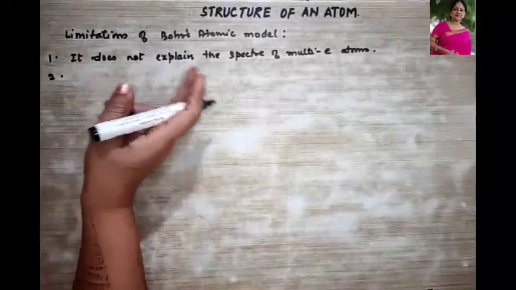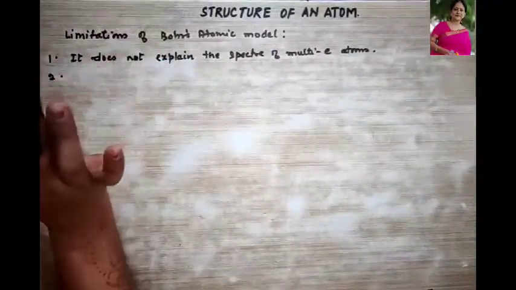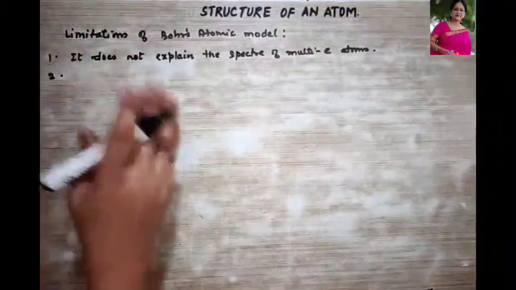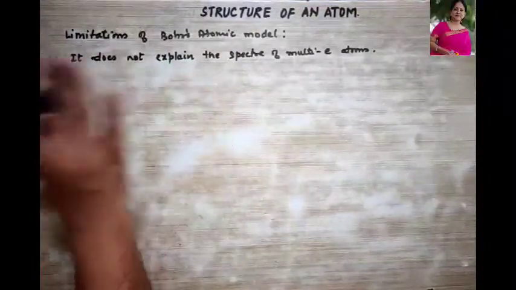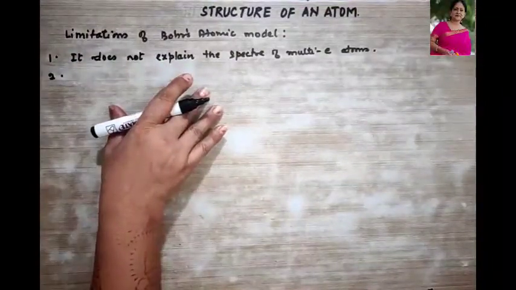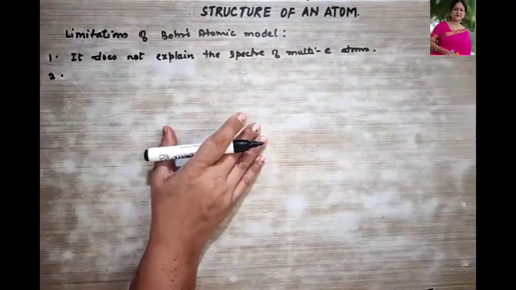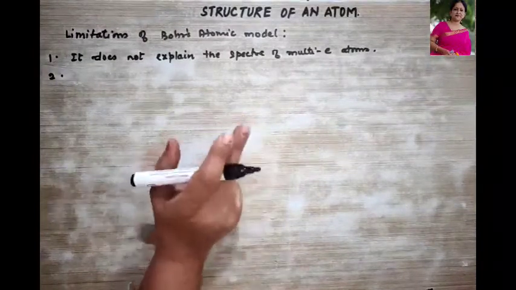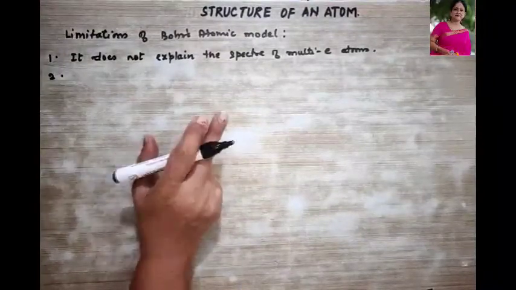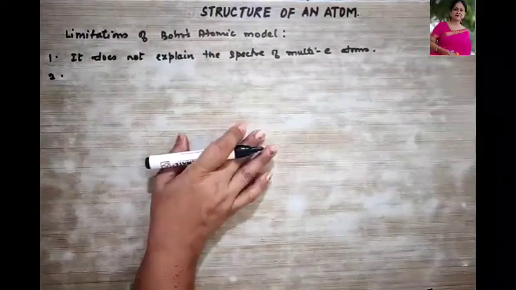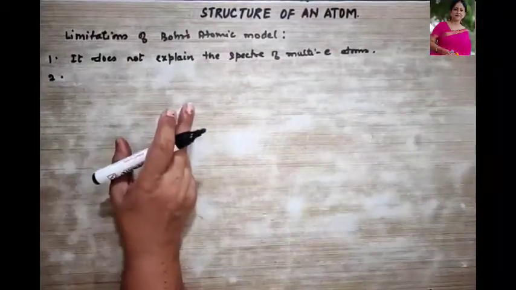Second point, when a high resolving power spectroscope is used, it is observed that a spectral line in the hydrogen spectrum is not only a simple line, but a collection of lines which are very close to one another. This is known as the fine spectrum. But Bohr's theory does not explain the fine spectrum even for the hydrogen atom.